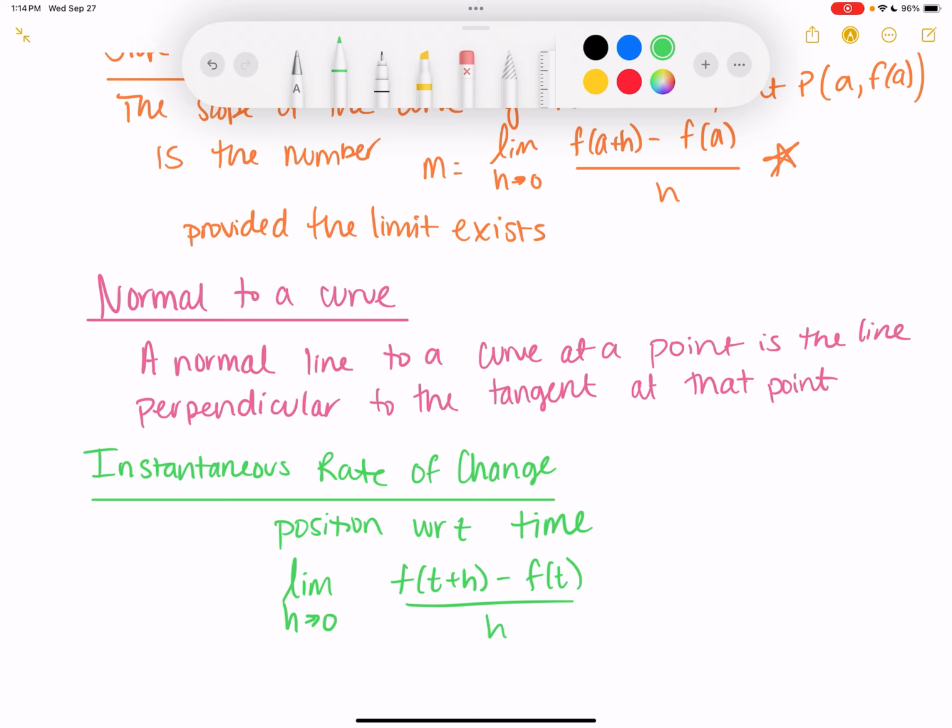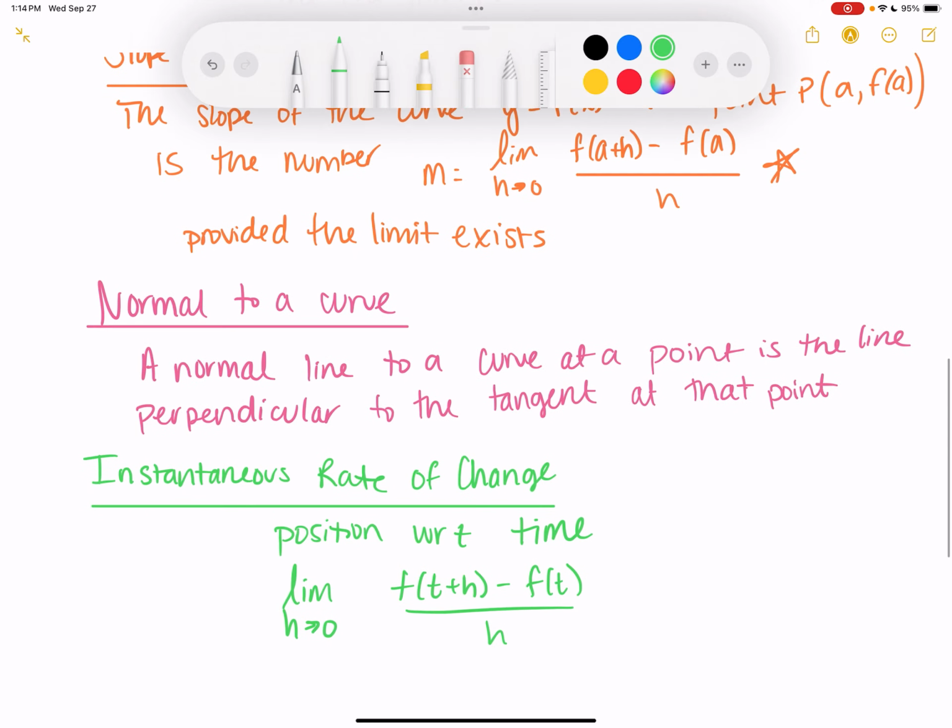So essentially, that's the same formula that I starred up there in orange, just modified for instantaneous rate of change versus the slope of a curve. So essentially, a just got replaced with t for time.